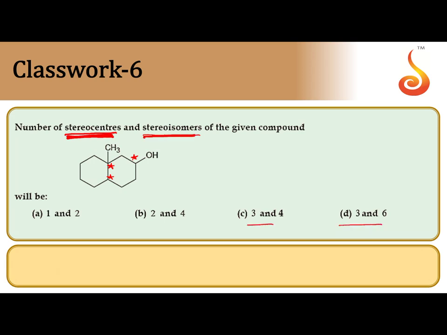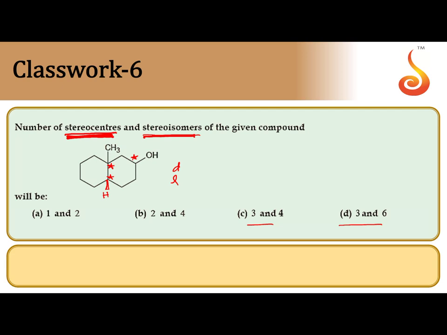Next one, stereoisomers. If the chiral carbon is a bridgehead carbon, it won't lead to the formation of dextro and levo isomers, because of geometrical isomerism. Once H and CH3 are on one side, cis, with this cis there is dextro at the carbon holding OH, and at the same time levo at the carbon holding OH.